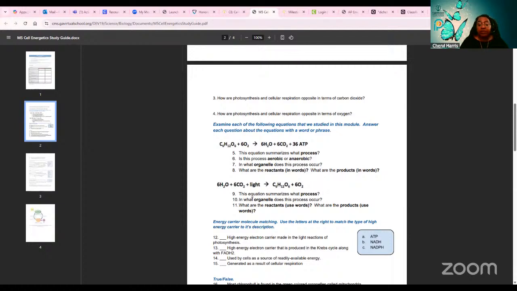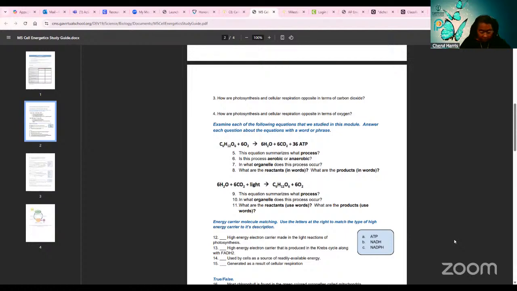The organelle where it takes place is the chloroplast. And again, the reactants are on the left, so that's the water and carbon dioxide. Your products are glucose and oxygen. And I promise you, they will ask you what is the relationship between these two equations.